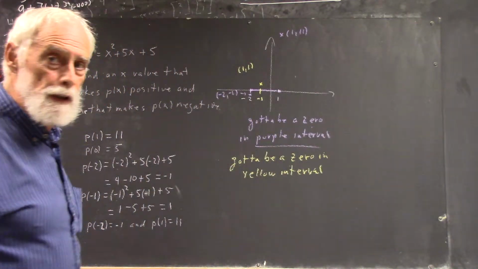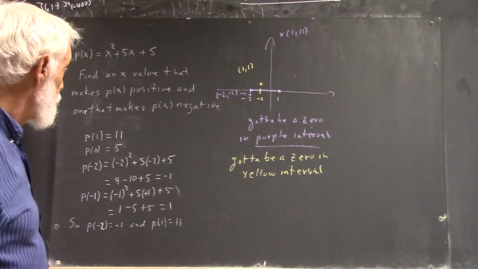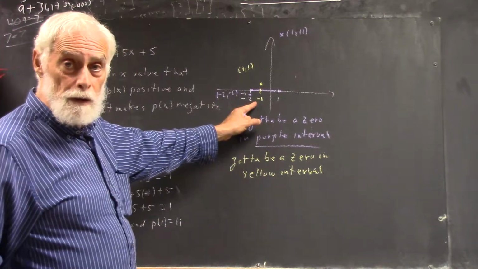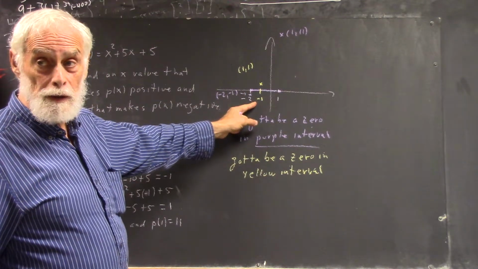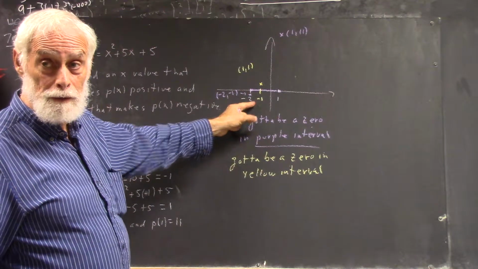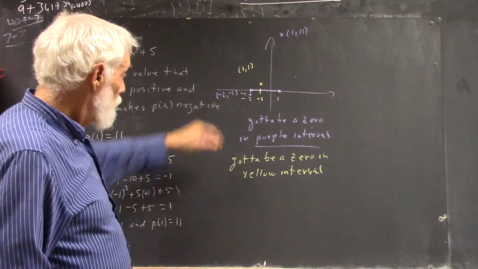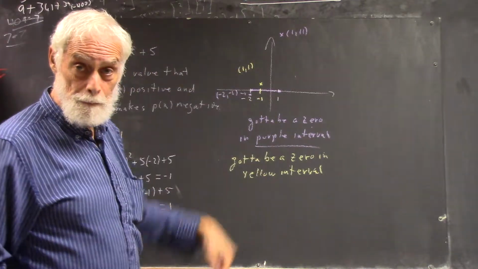Gotta be a 0 in the yellow interval, okay? And then, well, we're probably gonna have to cut it in half again, right? And this time we probably will cut it in half. 3 halves, right, negative 3 halves. And we could evaluate it and see whether it's above or below. Okay?